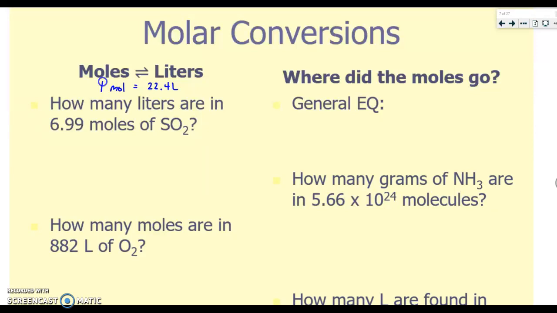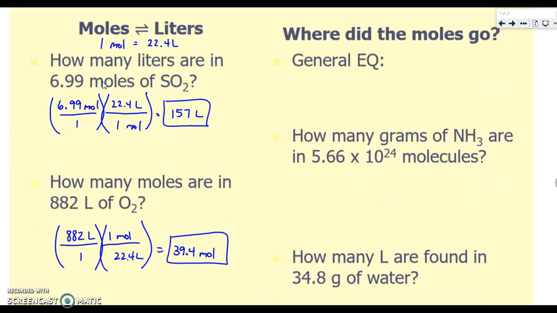Please pause the video and try both of these problems. Please check your answers. In the first one, you should have multiplied, and in the second one, you are dividing. The diagonal drop rule still applies.